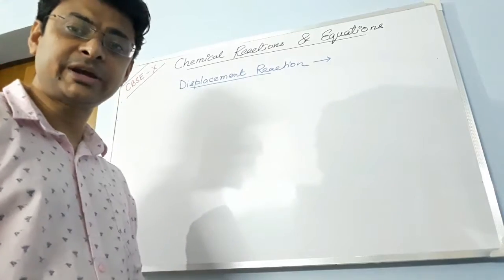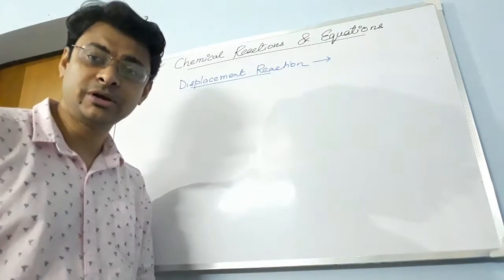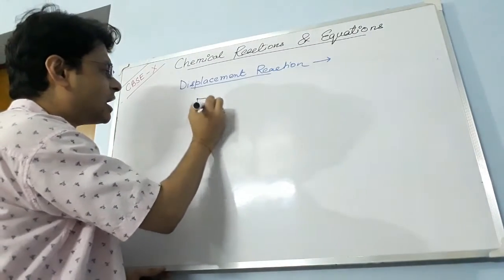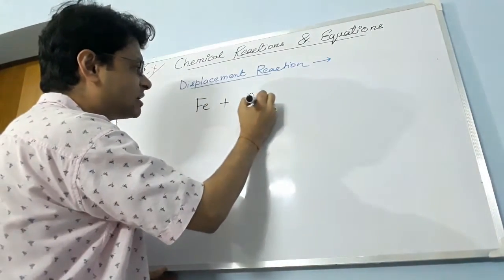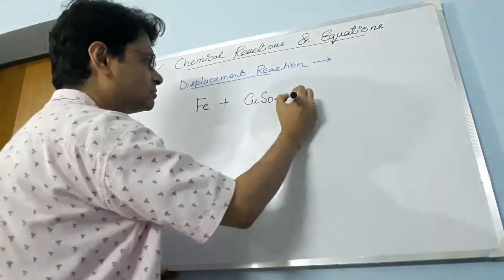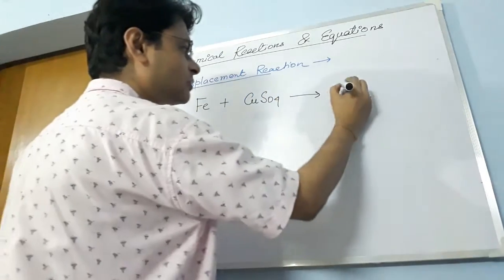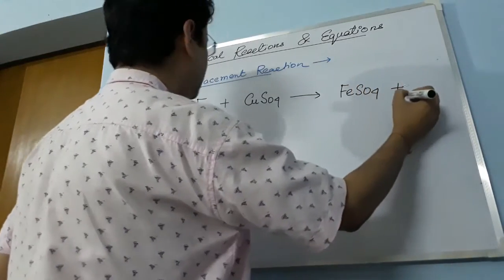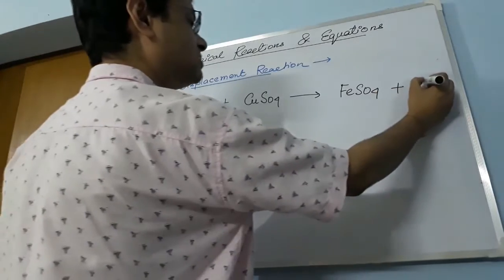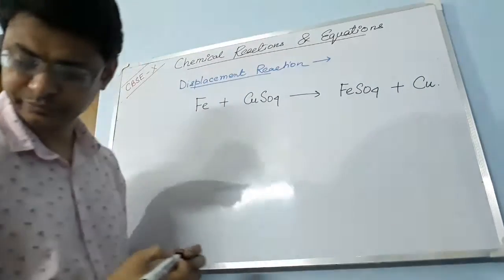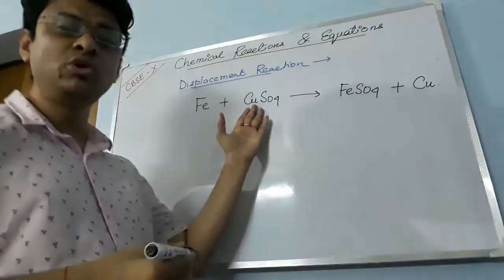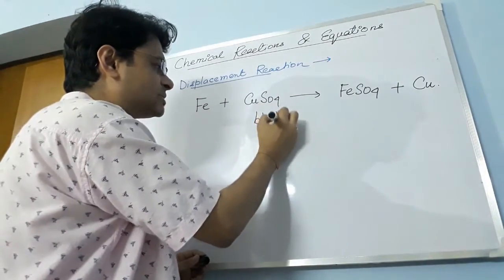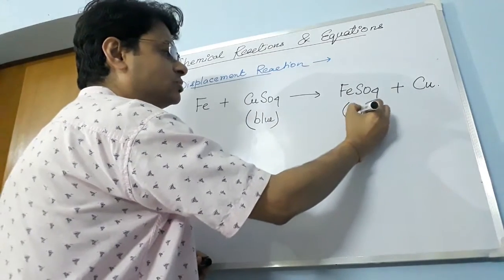Now displacement reaction has to be understood with the help of some examples. Suppose iron reacts with copper sulfate solution to form FeSO4 plus copper. So what happens? The blue color of copper sulfate turns to brown.